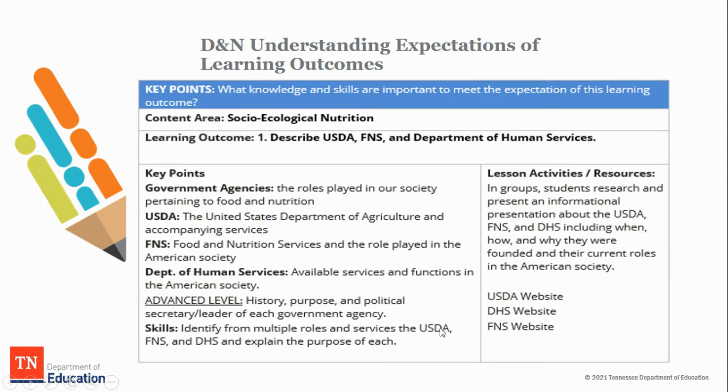If you wanted to take it up a notch, you could have the students look into the history of these organizations. You could have them look at who the leader of these agencies are. If you wanted to challenge your students, the skills that they would need to know from this learning outcome would be to look at the roles and services of each of these agencies and to explain the purpose of them.